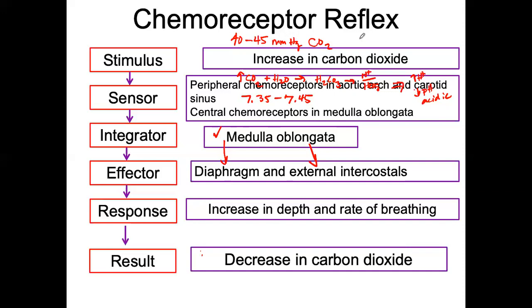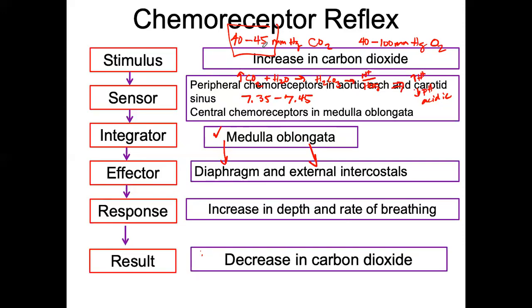For oxygen, it's different. It's about 40 to 100 millimeters of mercury of O2. And because this is such a narrow window for CO2, this tells me that this is highly regulated along with pH. So when CO2 starts hitting the 45, those chemoreceptors are going to start firing to the medulla oblongata, and that's going to cause you to take a breath.